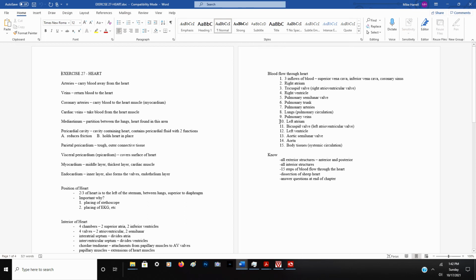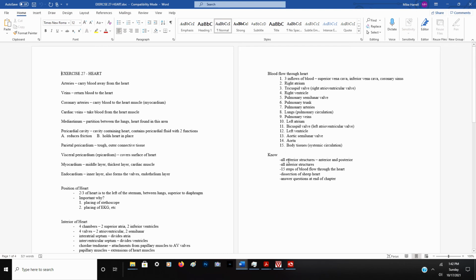That's all 4 of those pulmonary veins coming into that chamber. So right below it's the bicuspid valve. If they want to call that the mitral valve or the left atrioventricular, all the same. That'll take blood down to the left ventricle, and that'll push it out through the aortic semilunar valve, out to the aorta, out to all the body tissues, and then it's going to come right back to number 1 again.